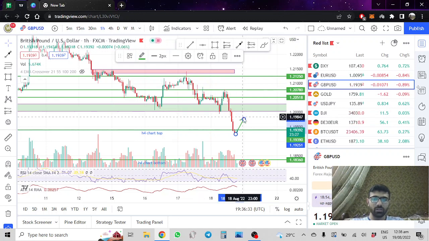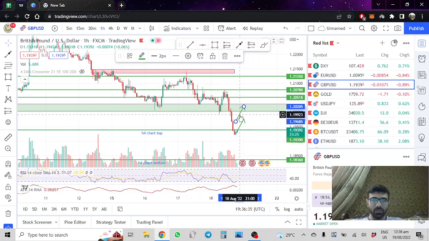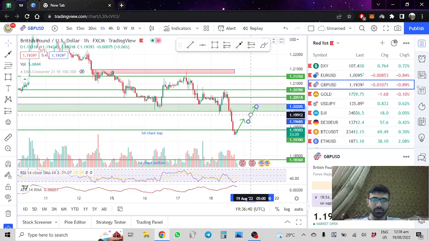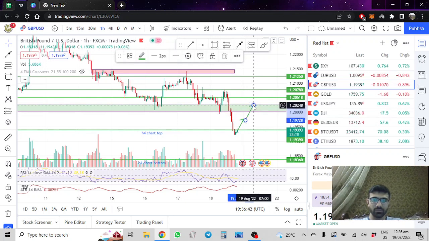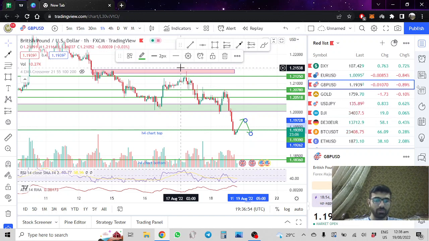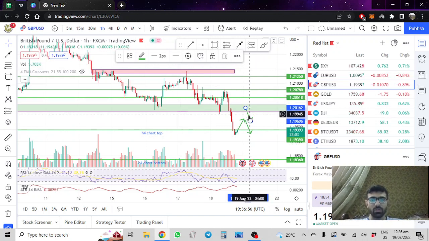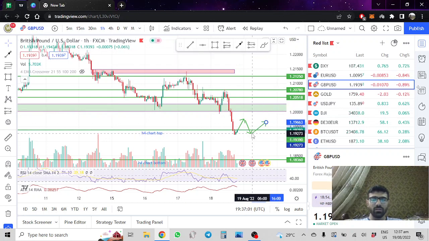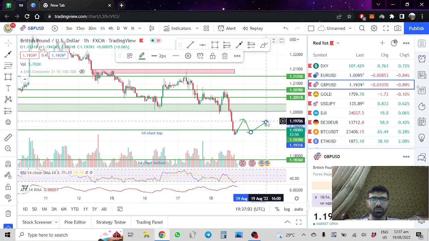This is a long trade that I'm giving, and if it respects this zone, it has to respect this area. This would again form a double bottom, and if we have a positive closing from here, then we can go long. So this is really easy if you just follow small rules and regulations for your own sake.